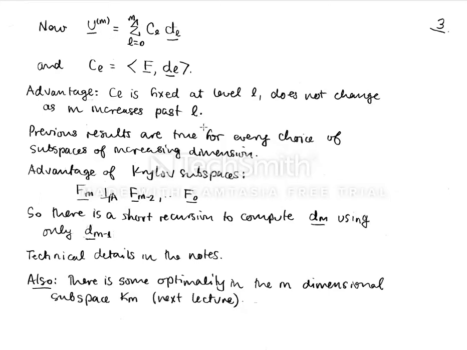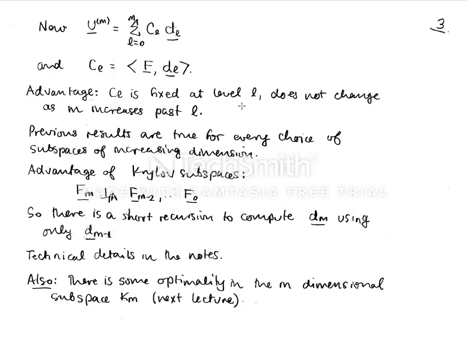Okay, now if you think about it, everything I've talked about up until this point had no information coming from the choice of Krylov subspace. I could have chosen any set of vectors and made a subspace by taking the span of an increasing number of those vectors.